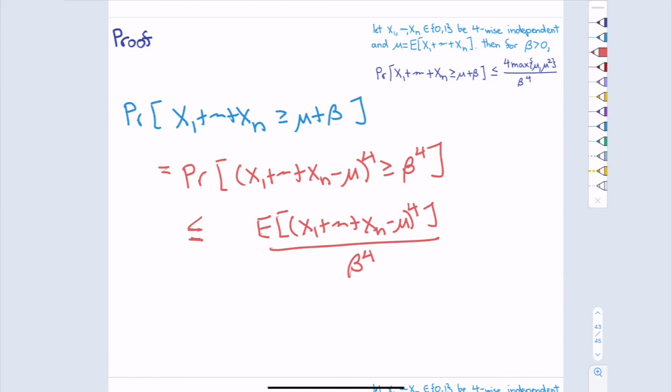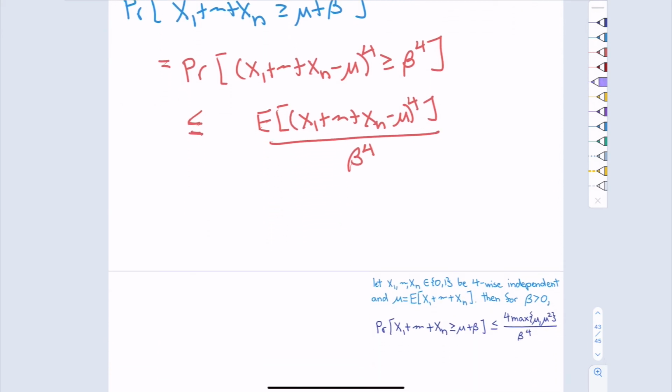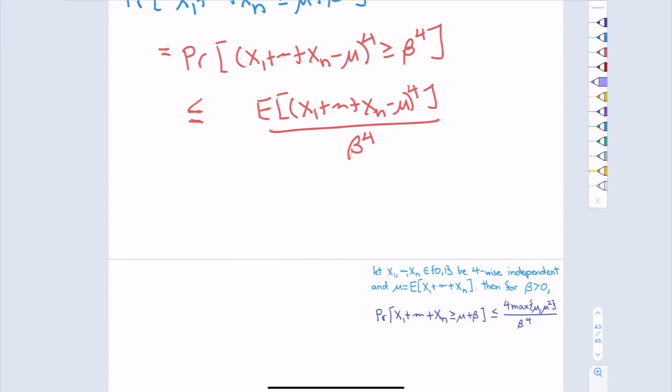But I haven't explained why 4-wise independence is useful yet. So we have to look at the numerator for that. Let's say for simplicity, all of these random variables were identical.